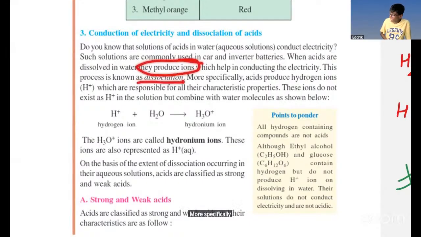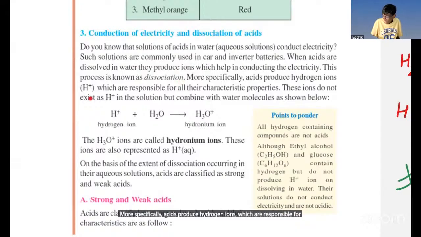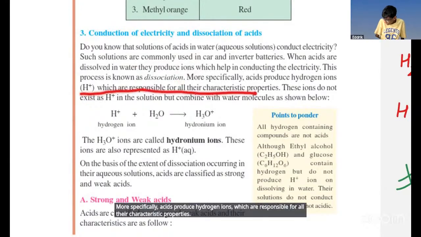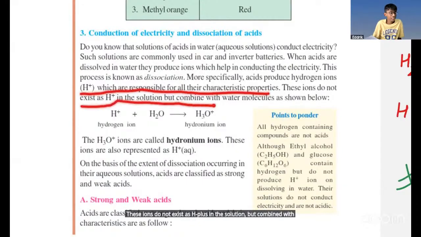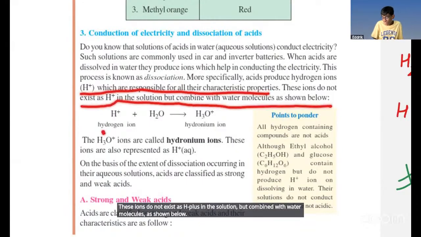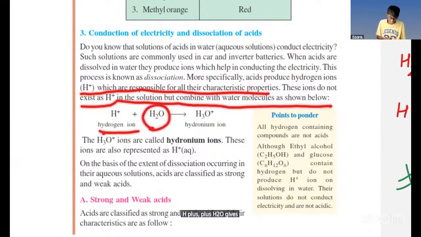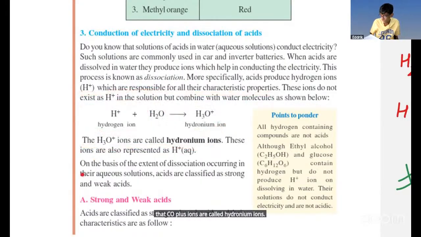More specifically, acids produce hydrogen ions, H+, which are responsible for all their characteristic properties. These ions do not exist as H+ in the solution, but combine with water molecules as shown below. H+ plus H2O gives H3O+, which is the hydronium ion. The H3O+ ions are called hydronium ions.